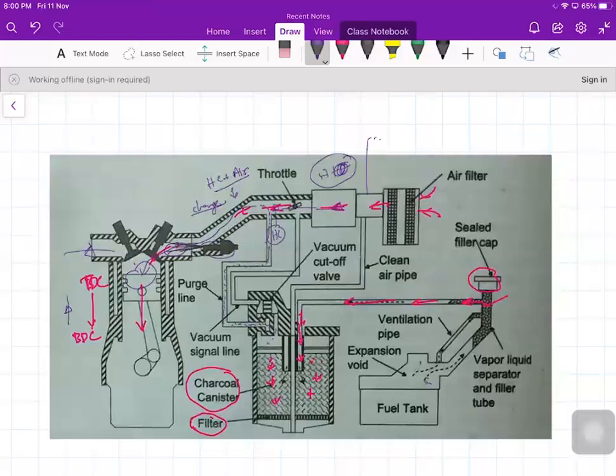Just have a look at those components and how they are contributing to this evaporative loss. Thank you.